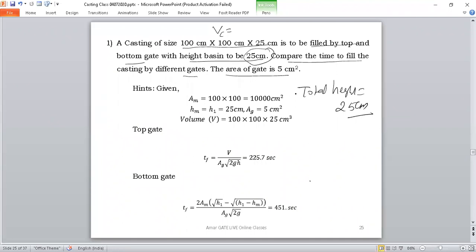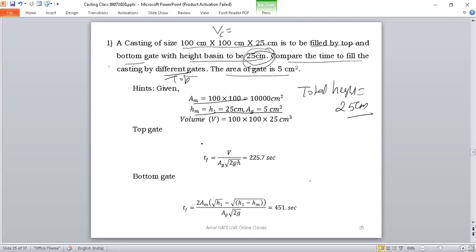Compare the time to fill the casting with different gate areas. They have given only this height, and have not talked about the sprue or anything else. Total height is 25 centimeters. Don't get confused. Compare the time for the top gate and bottom gate. So Am is this much, and Hm is H1.